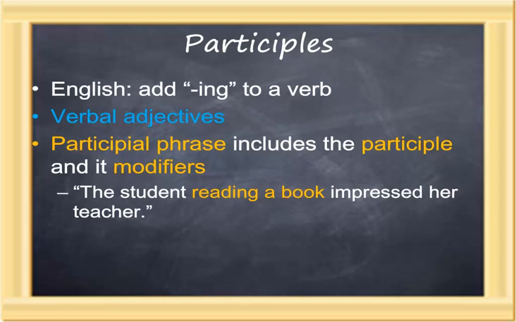In both of the previous examples, a participial phrase was used. That is, the participle along with words it modifies. So, in the sentence, "The student reading a book impressed her teacher," book is the object of the participial action, reading, and so is part of the participial phrase.